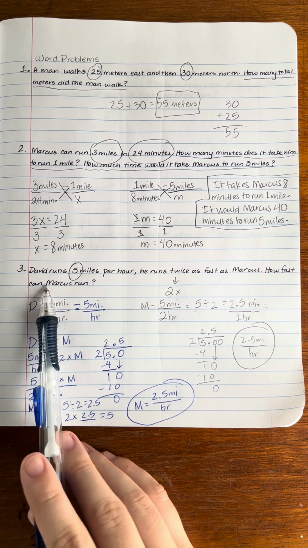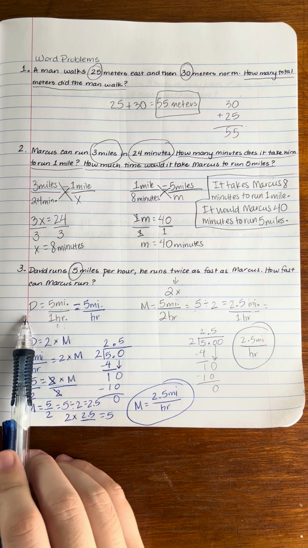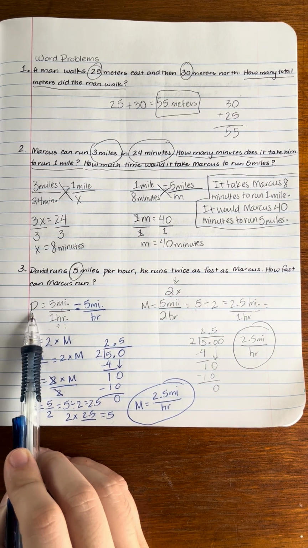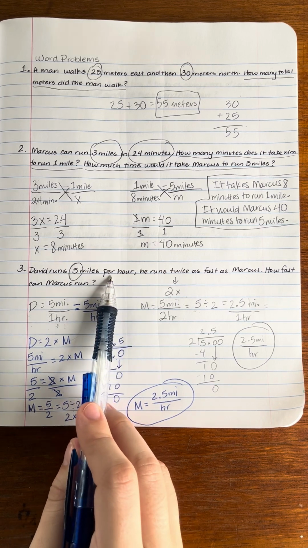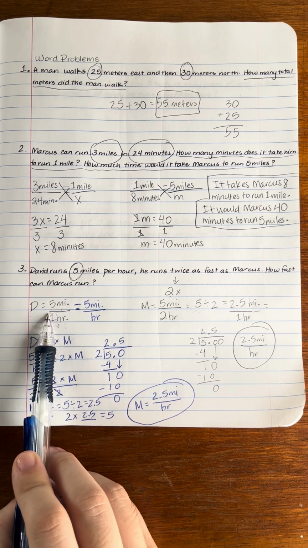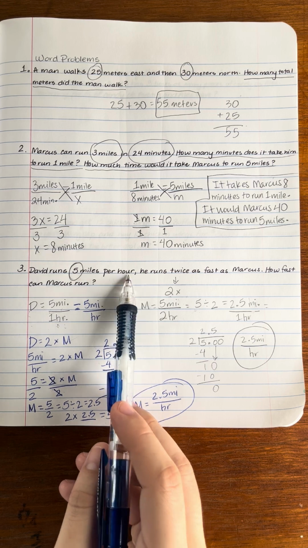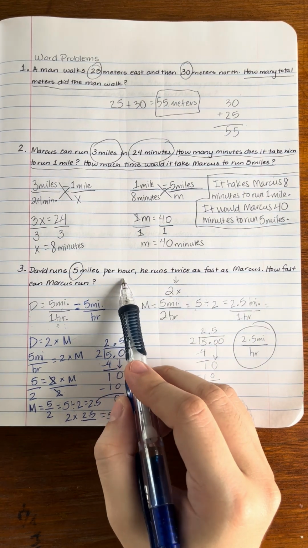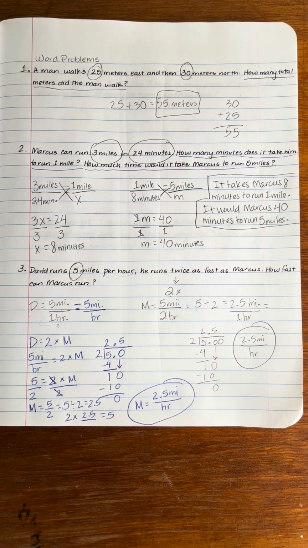So what we know is that David runs 5 miles per hour, right? And so I wrote this down. The D is for David, okay? So David can run 5 miles per hour. Well, per hour, if I have a per here, P-E-R, then what I need to do is draw a fraction bar, and for whatever the next word is after the per, I need to put it as my denominator, okay?